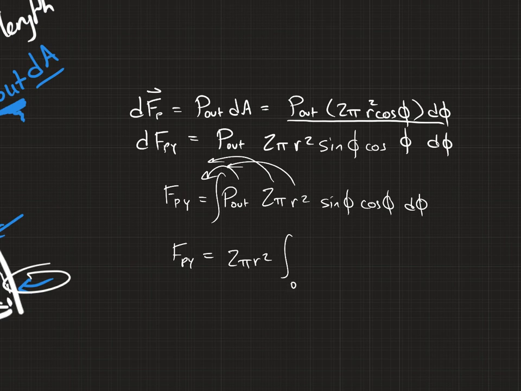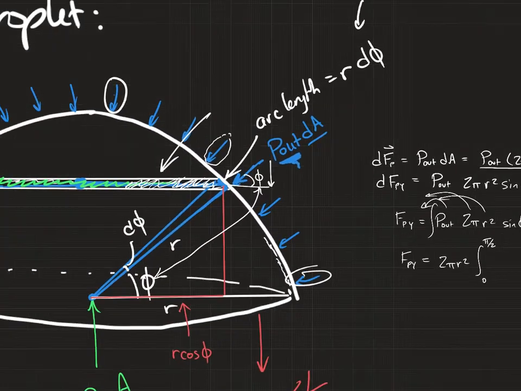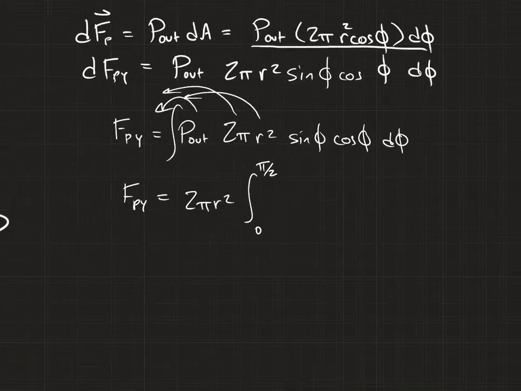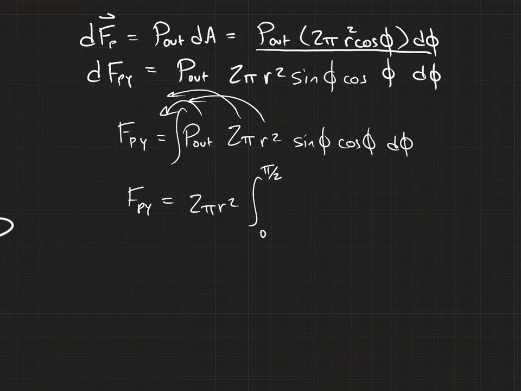We're going to go from 0 to 90 degrees, because phi goes from 0 all the way up here, at which point we will have covered the whole thing. Now, remembering that the derivative of a sine is cosine, this is going to become sine squared of phi over 2.